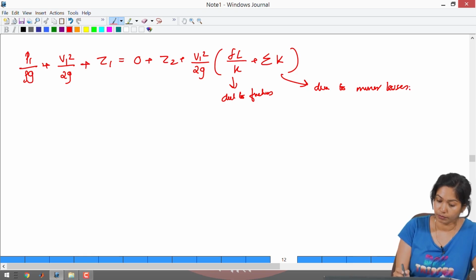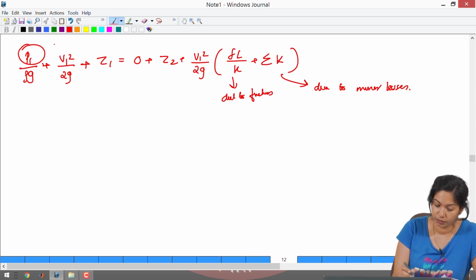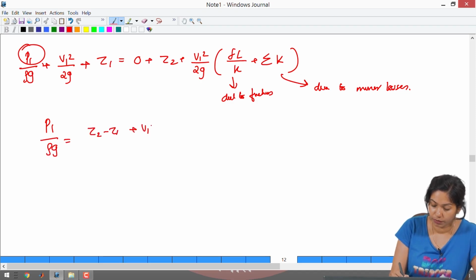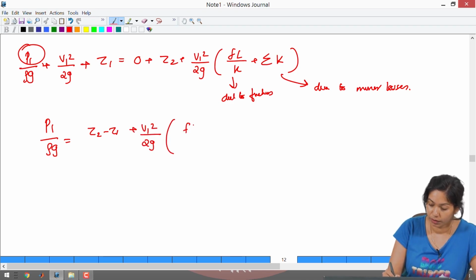So, from this we have to calculate the gauge pressure at point 1, that is P1. For that, P1 by rho g equals Z2 minus Z1 plus V1 square by 2g into fL by D plus sigma K minus 1.